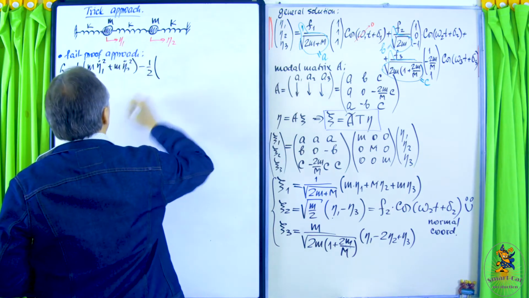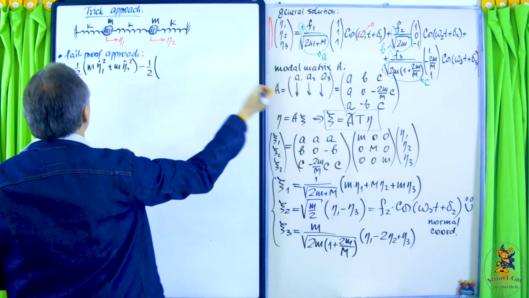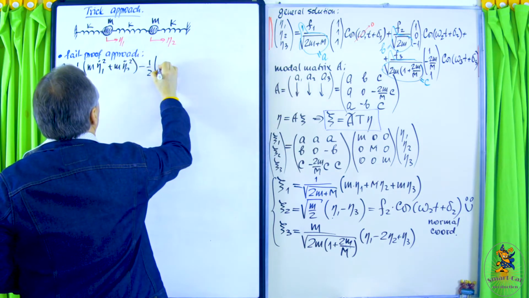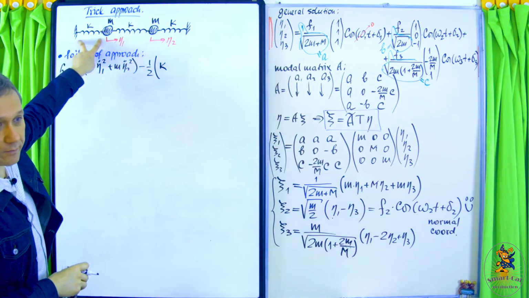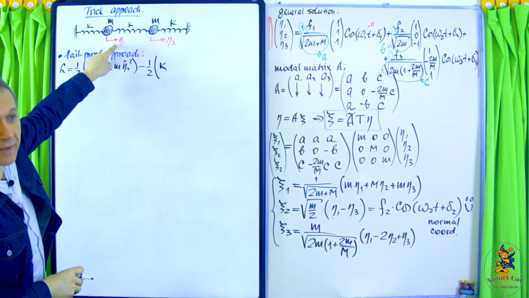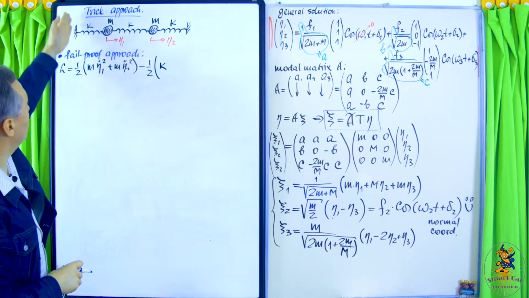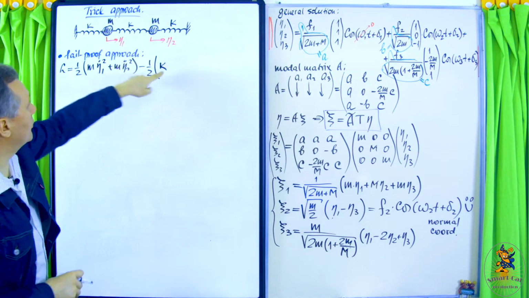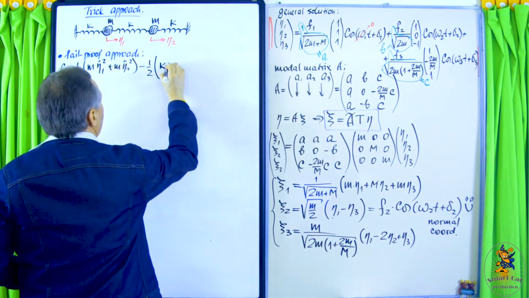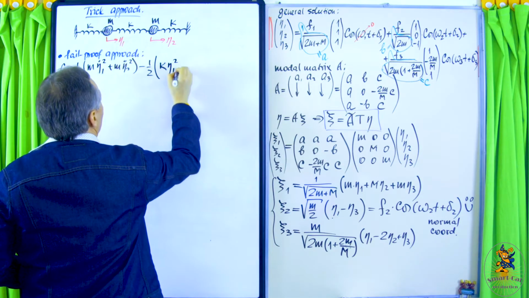So now potential energy. We'll have 3 potential energies. First, K, and the stretching of the spring is determined only by this coordinate, because here it's fixed. So here there is no stretching. So now it will be K eta 1 squared.